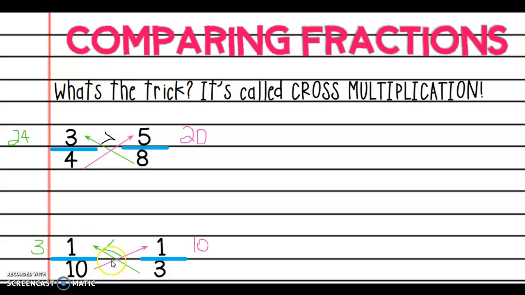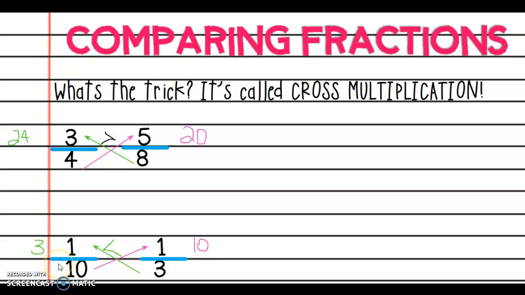What is it? You multiplied 10 by 1. This denominator by this numerator, you gave me a 10. So this 10 refers to this fraction. Then you told me that we were going to multiply 3 times 1, and we get a 3. So this 3 refers to this fraction.